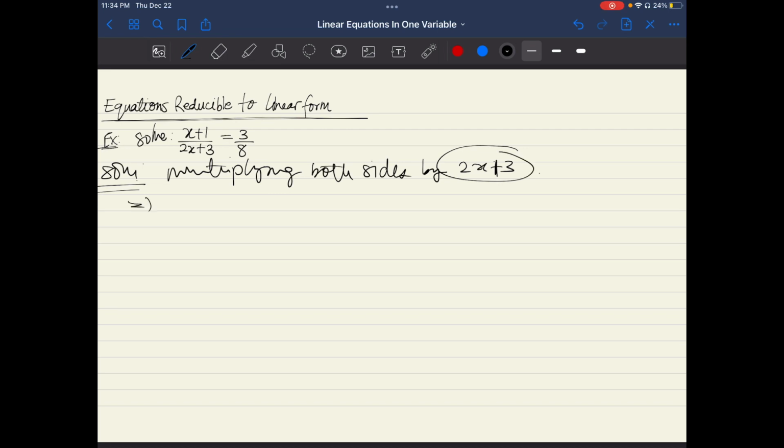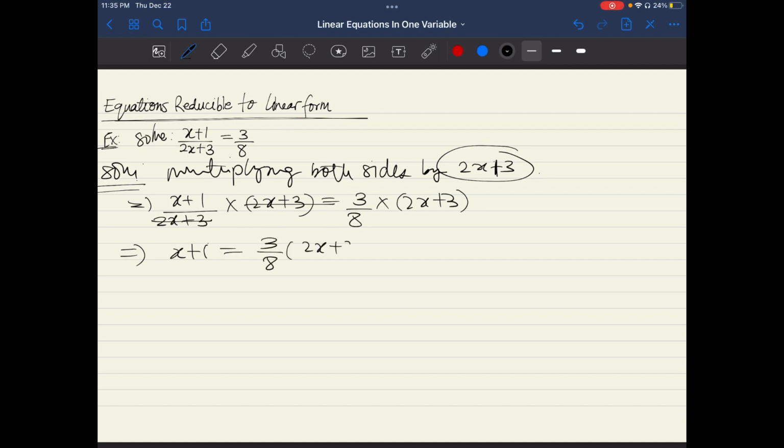Therefore, what do we get? We get x plus 1 over 2x plus 3 times 2x plus 3 equals 3 over 8 times 2x plus 3. Now this gets cancelled and x is gone from the denominator. Now we're left with x plus 1 equals 3 over 8 times 2x plus 3.